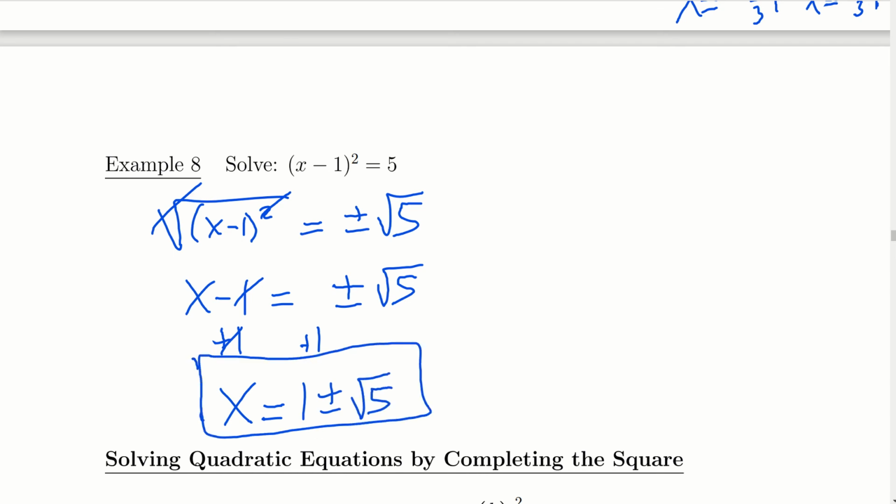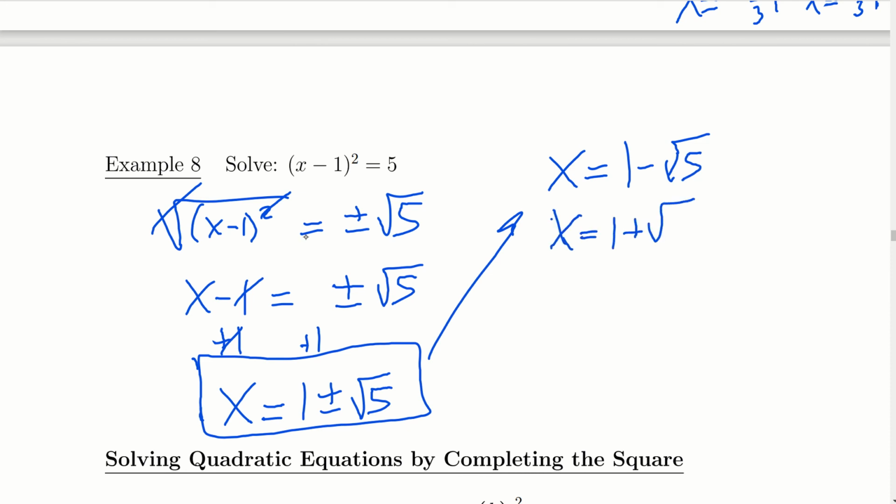So our solution in plus minus notation looks like this: x equals 1 plus or minus the square root of 5, or we can write it as two separate solutions. One solution is 1 minus the square root of 5. The other solution is x equals 1 plus the square root of 5. So either way would suffice.